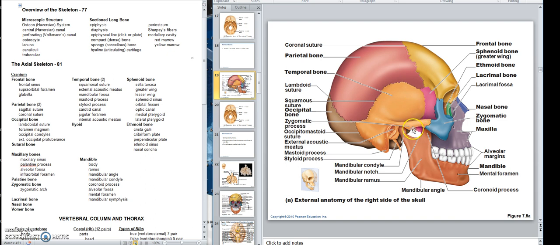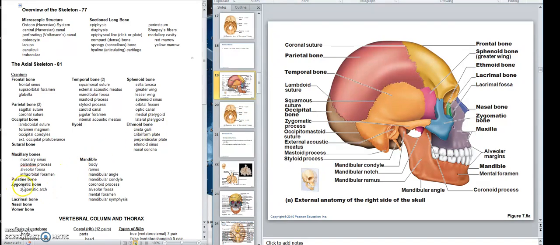Okay, so right here, this is the zygomatic process of the temporal bone articulating with the temporal process of the zygoma. These two bones form the zygomatic arch.